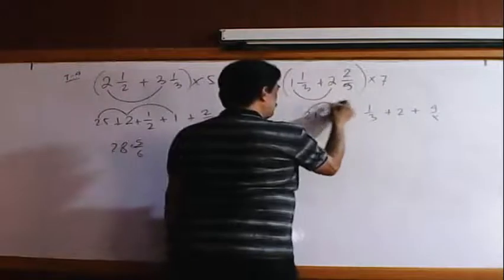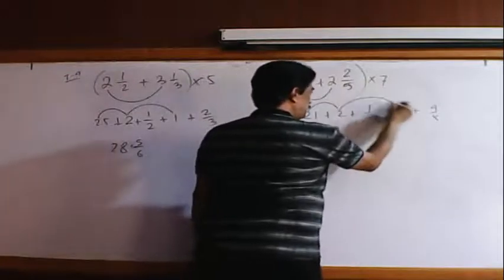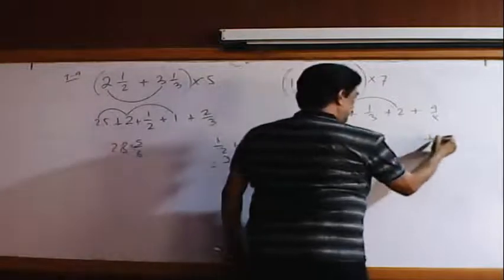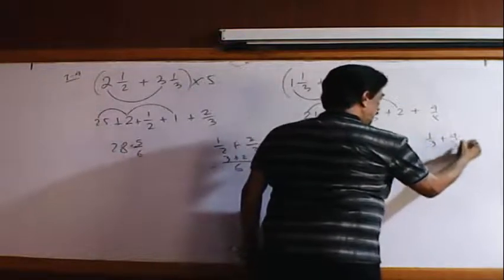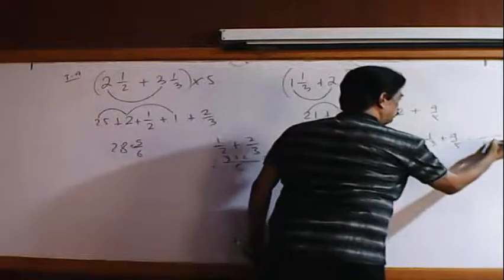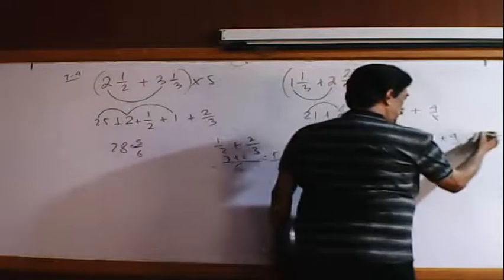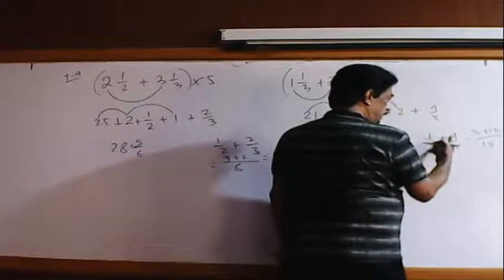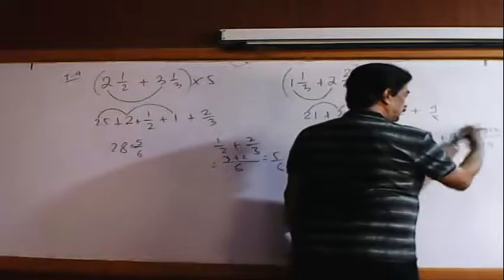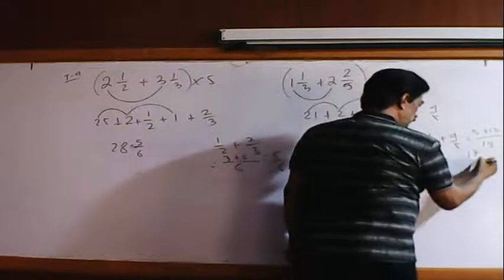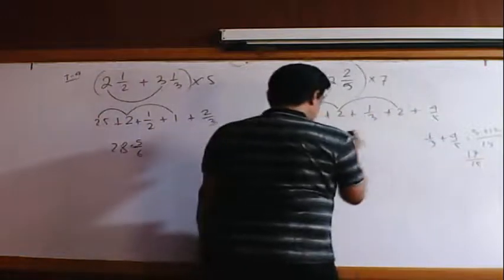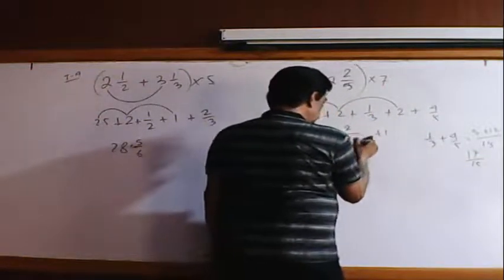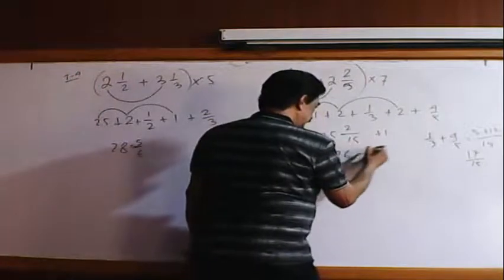So now 21 plus 2, 23, 23 plus 2, 25, so 25 plus 1 by 3 plus 4 by 5, 15 is LCM, your result 5 plus 12, so this is 17 by 15. So 1 has moved, so plus 1 and remainder is 2 by 15. So now result is 26 and 2 by 15.